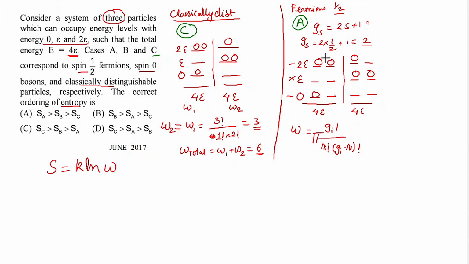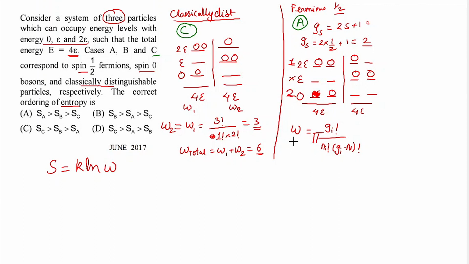Logically also we can see that for fermions, fermions can occupy only one energy state, so the number of possible ways of arranging this is 1. Over here for the 0 energy state, this will be one arrangement, and one more arrangement, that is I can place it over here, and I will pick up a particle from here and keep it over here, so the total will be 2.